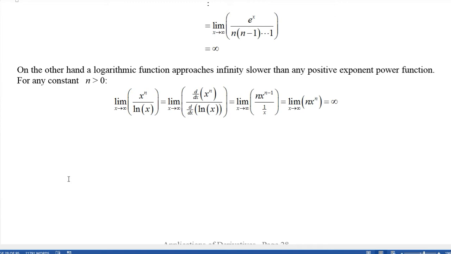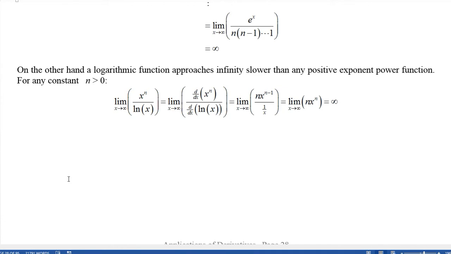So that gives you a couple of examples of how we can talk about function dominance. A couple of things you should remember are that exponential growth starts out slow, but eventually picks up speed faster and faster, eventually growing faster than any power function or any polynomial function. So eventually it's going to leave the polynomial function in the dust. It's going to be way up higher.